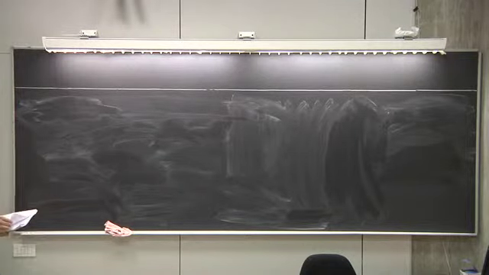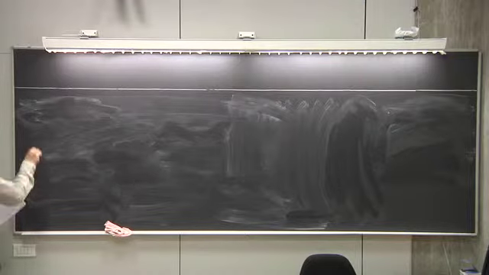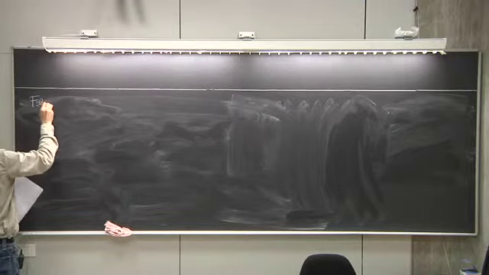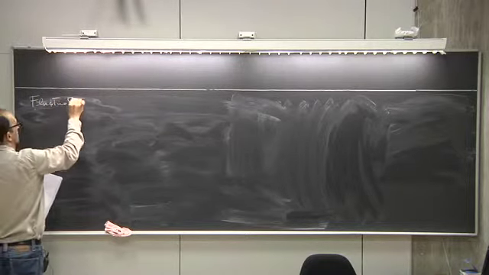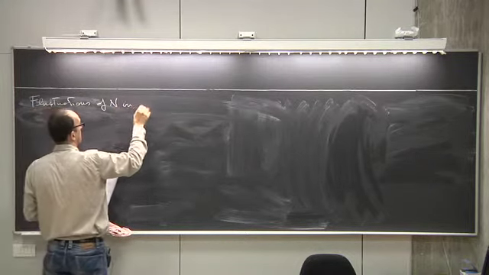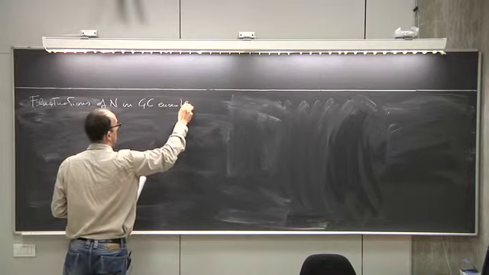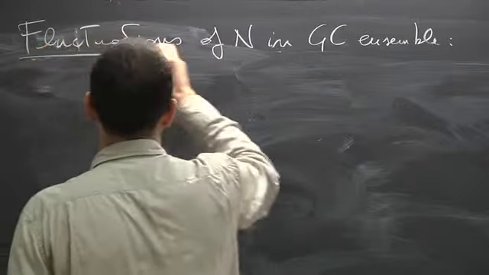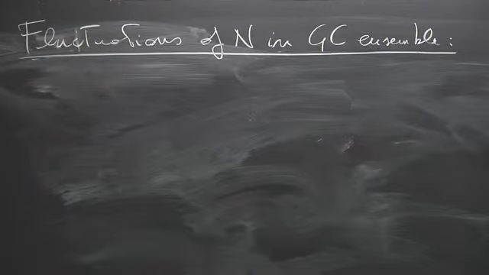So it is important to compute the fluctuations of the number of particles in the grand canonical ensemble to see when is it that these fluctuations are really small.